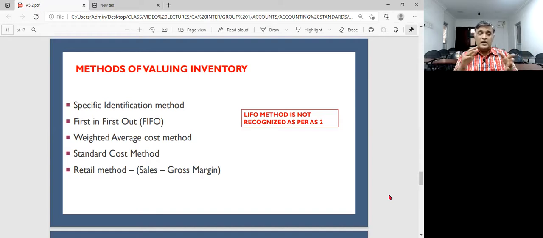From the sales, if I reduce the gross margin percentage, that gives the cost, because at the end of the day we are going to value the inventory. We are trying to find the cost of the inventory, and these are several methods by which we can find it. And the FIFO method is not logical, and that's the reason it is not recognized as per AS 2. Okay.